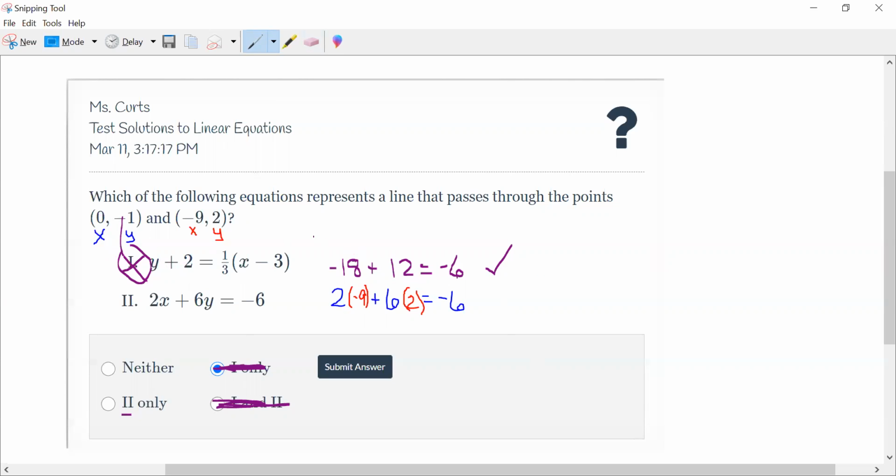Now I have to test the second point. So now we're back to x is 0, y is -1.